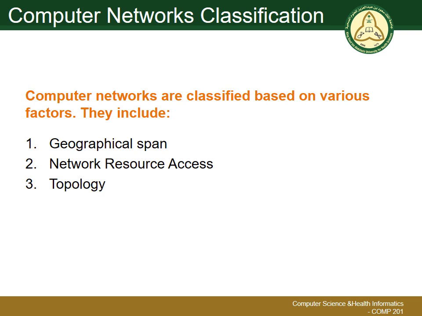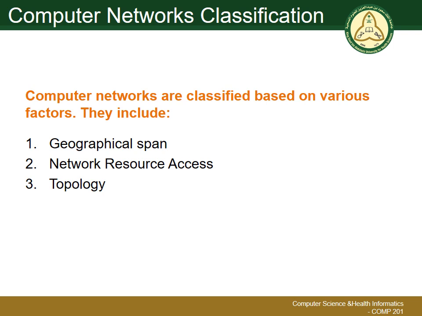Computer networks classification. Computer networks can be classified into 3 different types. First type is called geographical span. What do you mean by geographical span? It is how the devices are spread over the physical geographical area.